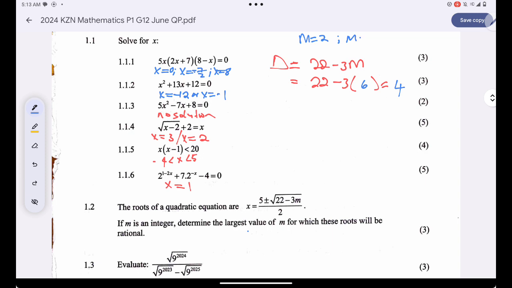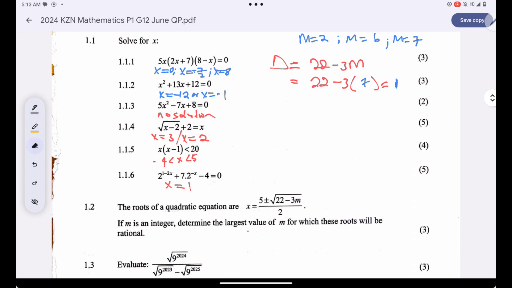This simply means that m can also be 6. And then when we try 7, 22 minus 21 will get 1. 1 is a perfect square, so m can be 7 as well.